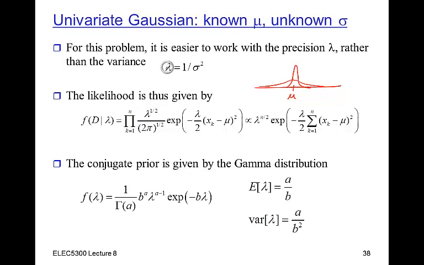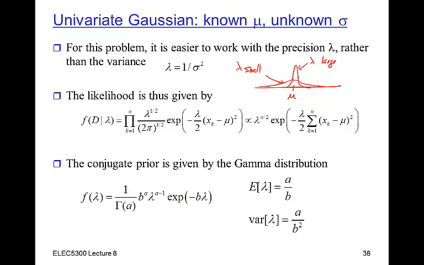Now, the precision is 1 over the variance, so this one here actually corresponds to large precision. We're very sure that the points from the distribution will lie close to the mean, so that's a very precise distribution. Otherwise, this one is when lambda is small, when they're spread out more.